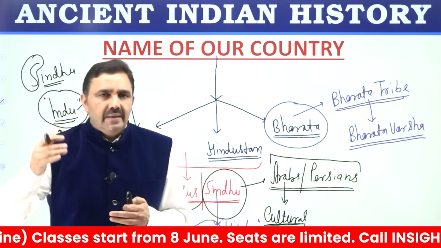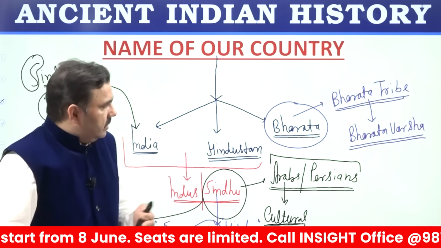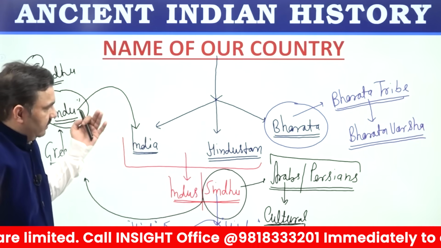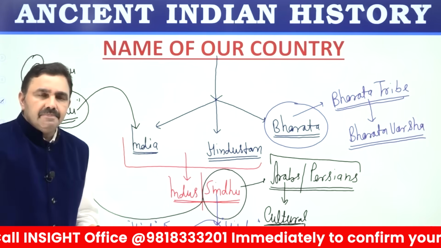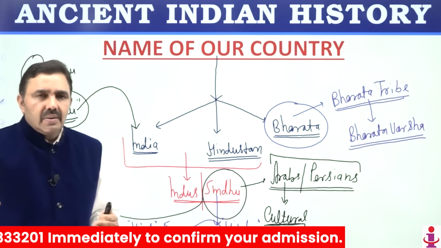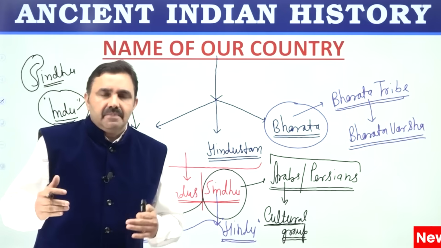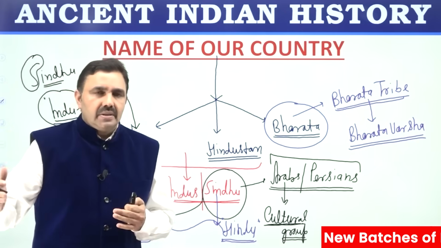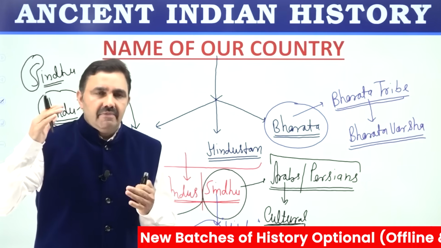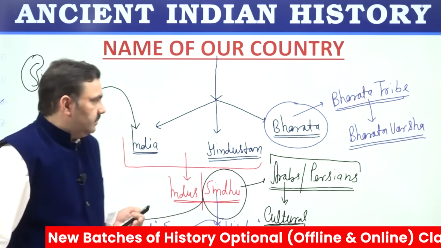So these are the three names of our country, and this is how our country got these three different names from three different groups of people. So hereafter, if you are asked by somebody, why do we call our country as India or Hind or Hindustan or Bharat, then you should be in a position to explain in a very proper way.